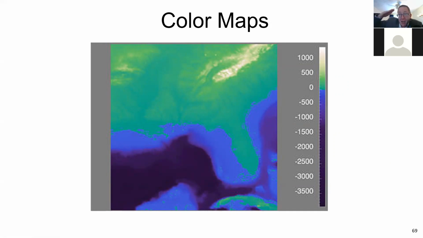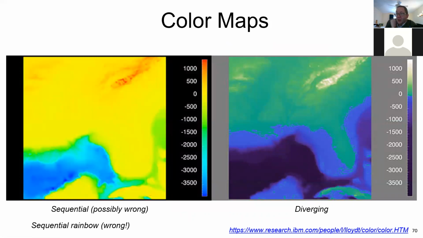But the point is, divergent is where I have 2 sequences going in opposite directions, and they don't relate to one another. Here's what a divergent color map looks like. And notice that in the sequential color map, the vast majority of the mapping is right around 500 to negative 500, which is pretty much the entire United States of America and parts of the sea level.